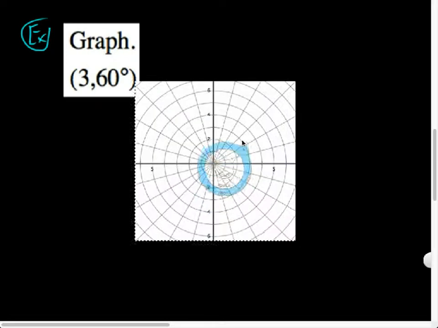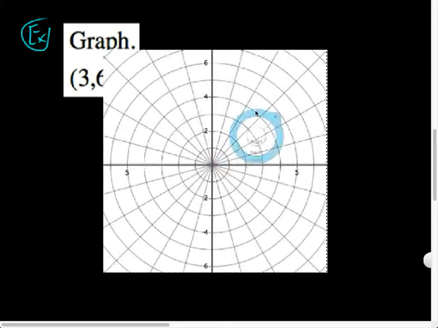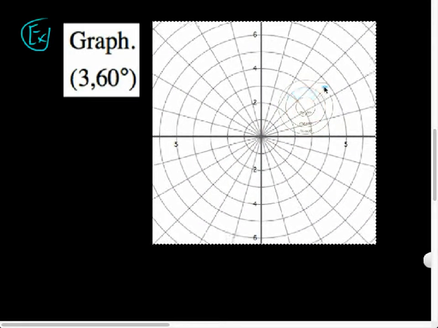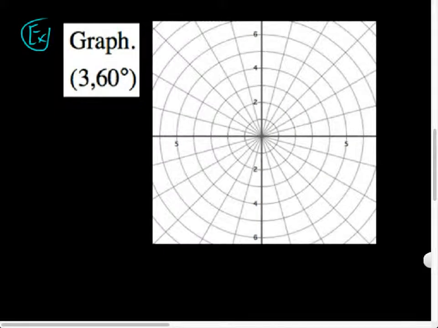So what's r? What's theta? r is 3, and theta is the 60. So it's actually up to you which you reference first, I suppose. So 60 degrees, I believe, was this one here, I think? Right.